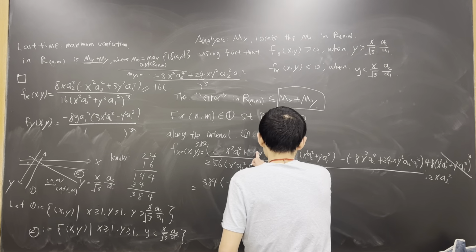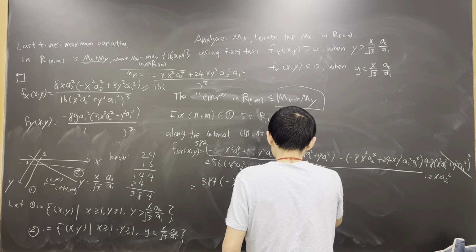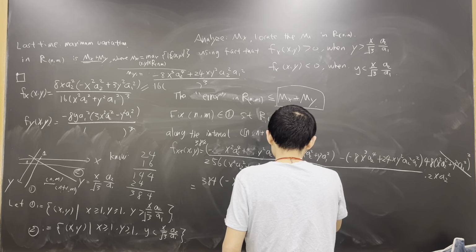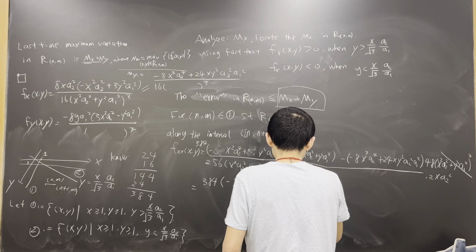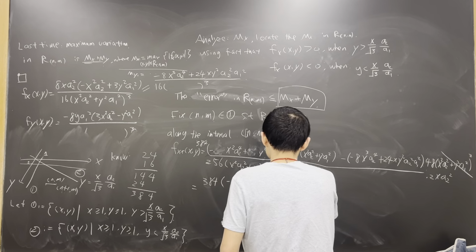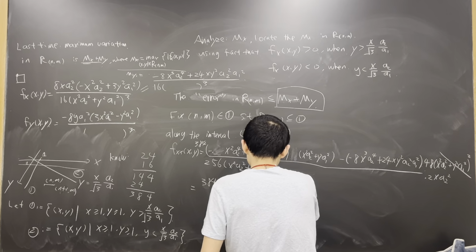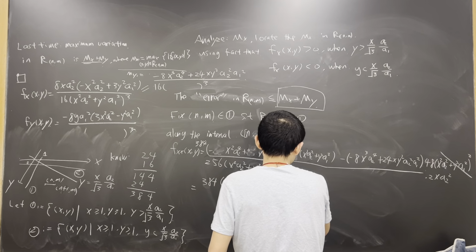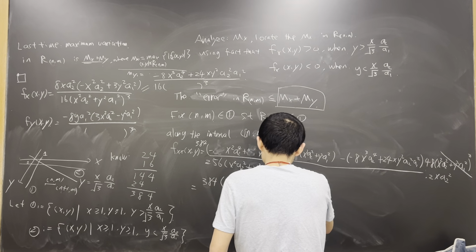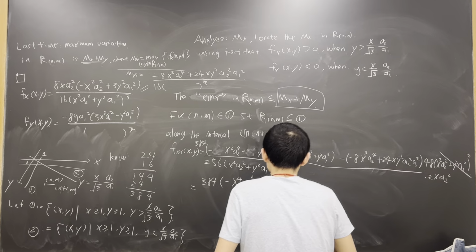And then this term cancels out, right? So this is plus x squared y squared a2 to the fourth power a1 squared. And then plus y to the fourth power a2 squared a1 to the fourth power.